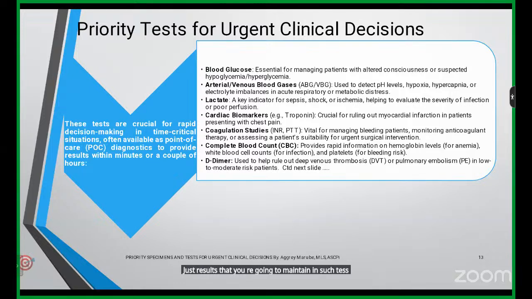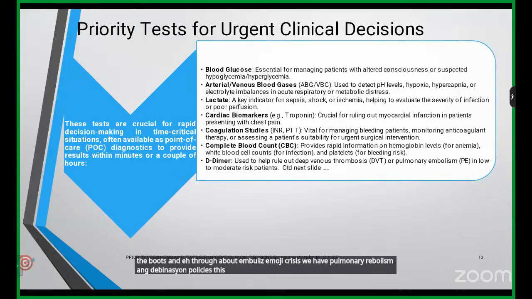We have tests like D-dimer, which is used to rule out deep venous thrombosis, that's DVT, or pulmonary embolism. As I stated about embolic crisis, we have pulmonary embolism and deep venous thrombosis.